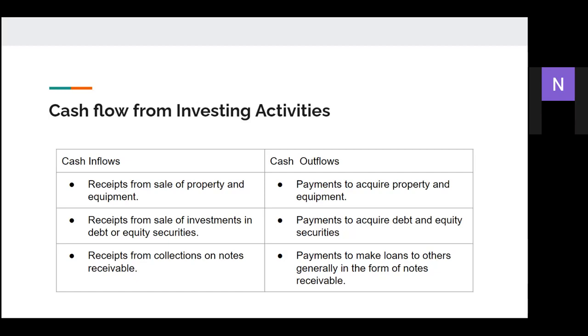Anong babalik sa'yo? Siyempre, hindi ka na maghuhugas ng plato. Less pagod pa. So, pag nag-invest ka doon, ma-free yung time mo na inaalat mo sa paghugas ng plato. So, may extra ka pang time for other activities. So, yun. Receipts of sale, property and equipment and payments to acquire.